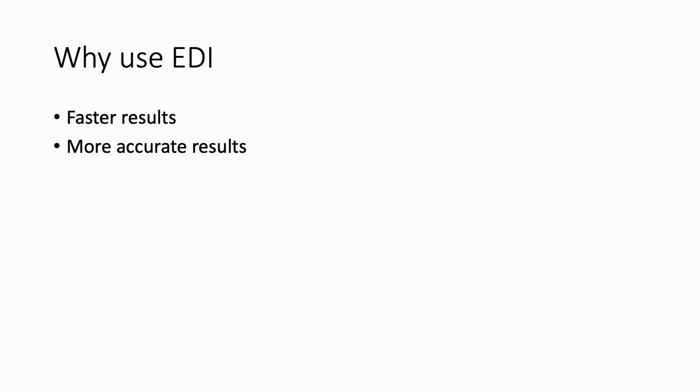So why use EDI in drug testing? Well, it's simple. It's just faster and more accurate results. For example, when I click update on my computer, it automatically updates the files for me to read, and I get a copy of the chain of custody, the donor contact information, as well as the result right there on my desktop.